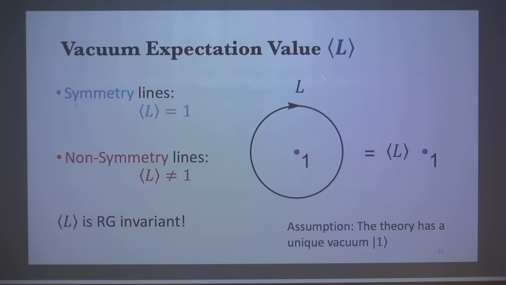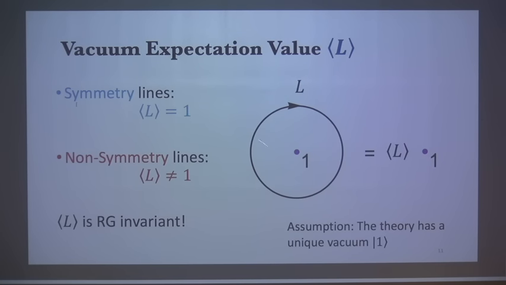One final important characteristic of a topological line is its vacuum expectation value. Here we assume that the theory has a unique vacuum, which will be denoted by 1. That will be the assumption we take about the UV CFT. And then the VEV is defined as the eigenvalue of the topological line acting on this vacuum.